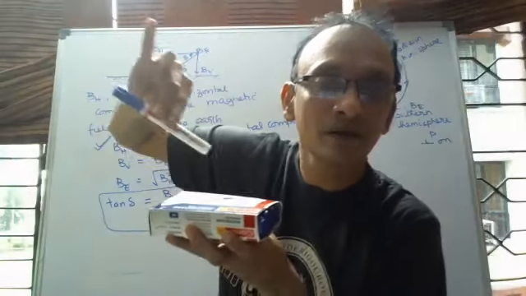It's called, this alpha is called magnetic declination or angle of declination.